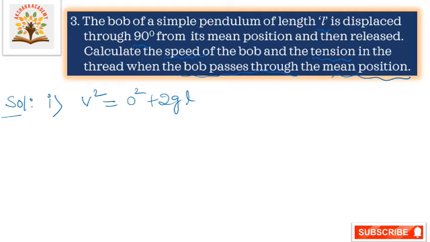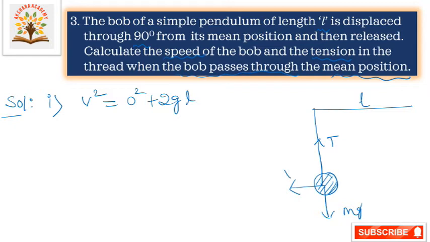Now here we are taking this is the length and suspended, this acting vertically is the tension. Now we are taking the bob, gravitational weight mg, that is a force, and this is the speed.